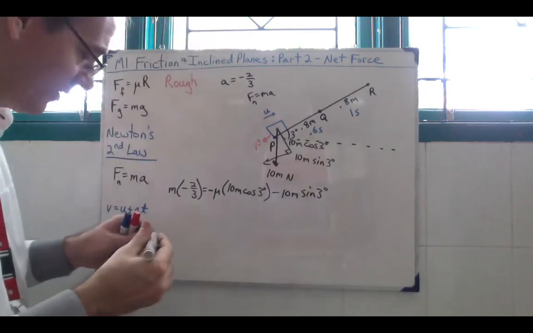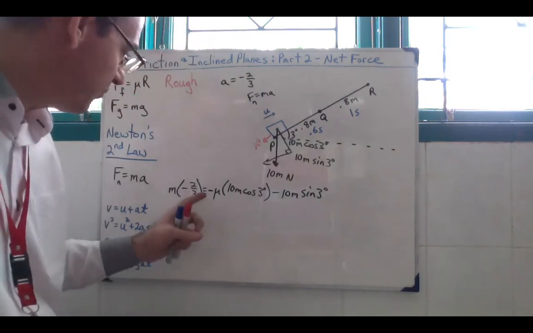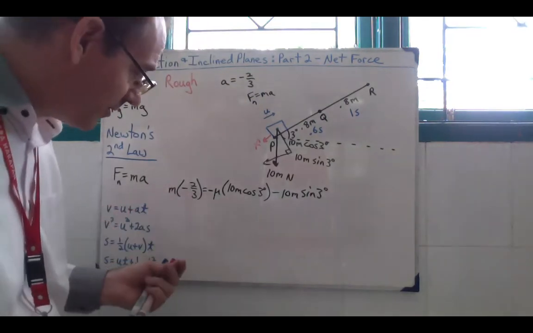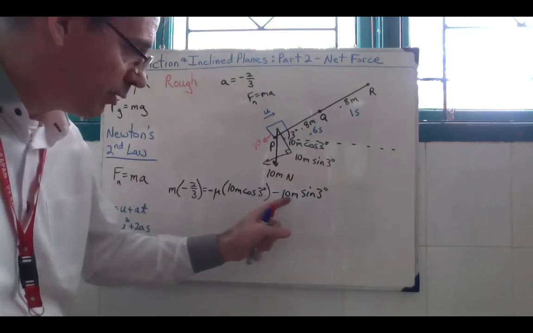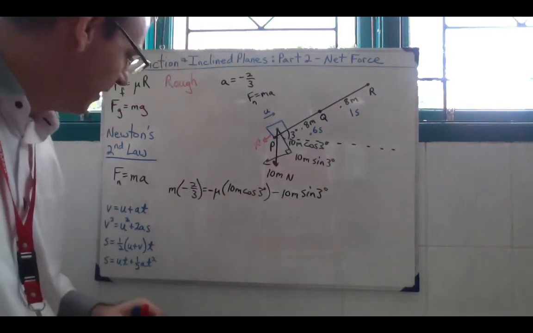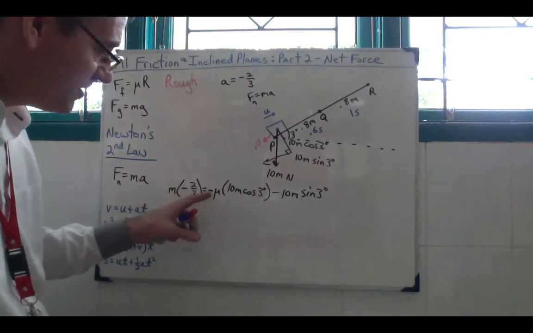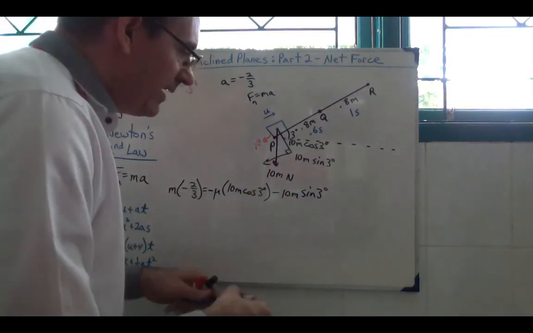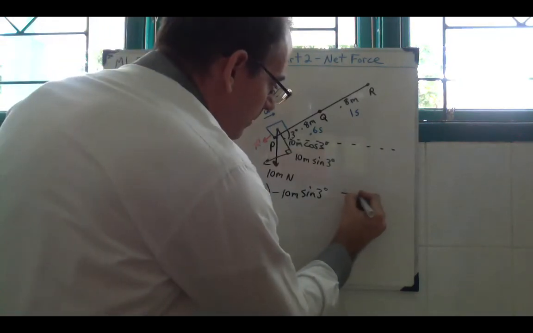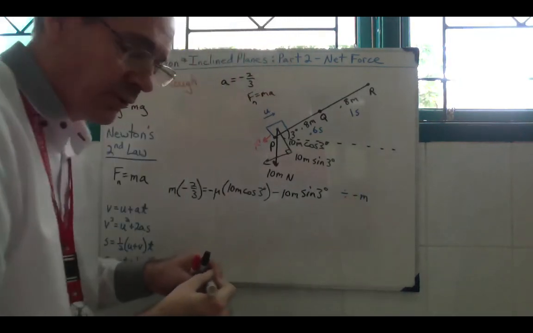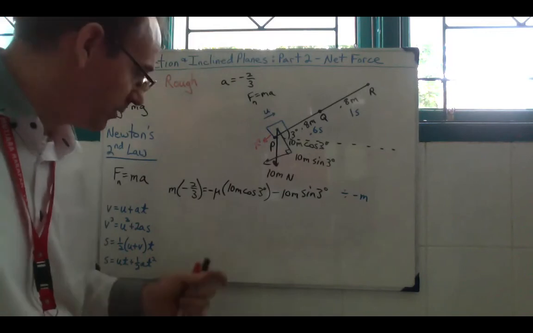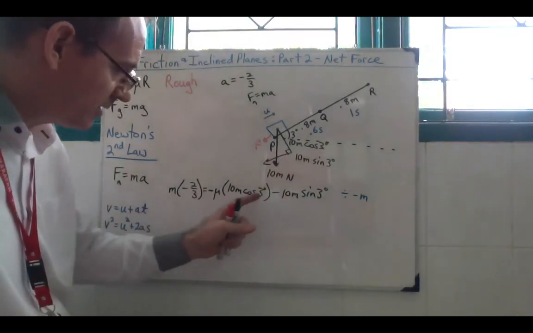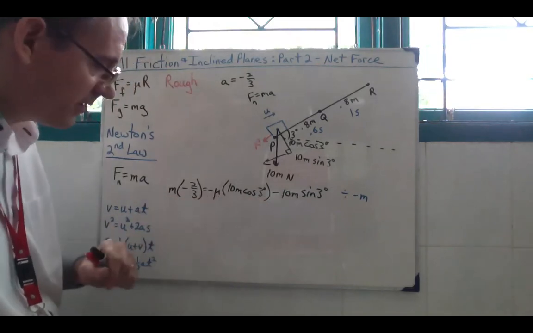Okay. Now, this looks a little complicated because we have two unknowns. However, one of the unknowns is on both sides of the equation, and we have this negative here. So what we can do is divide everything by -m. We don't need to find m anyway. We're looking for mu. The m occurs in all the parts, and there's a negative on all the parts.